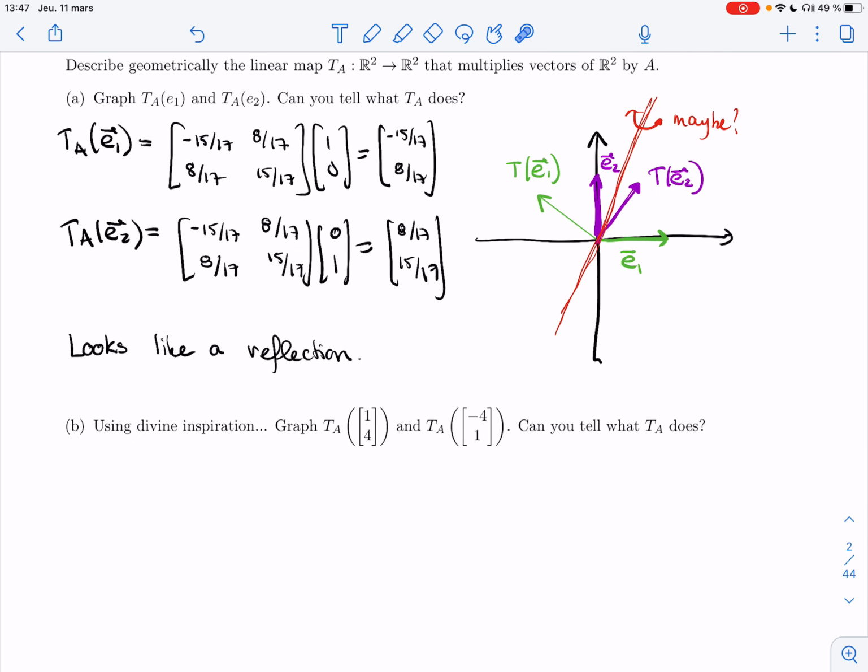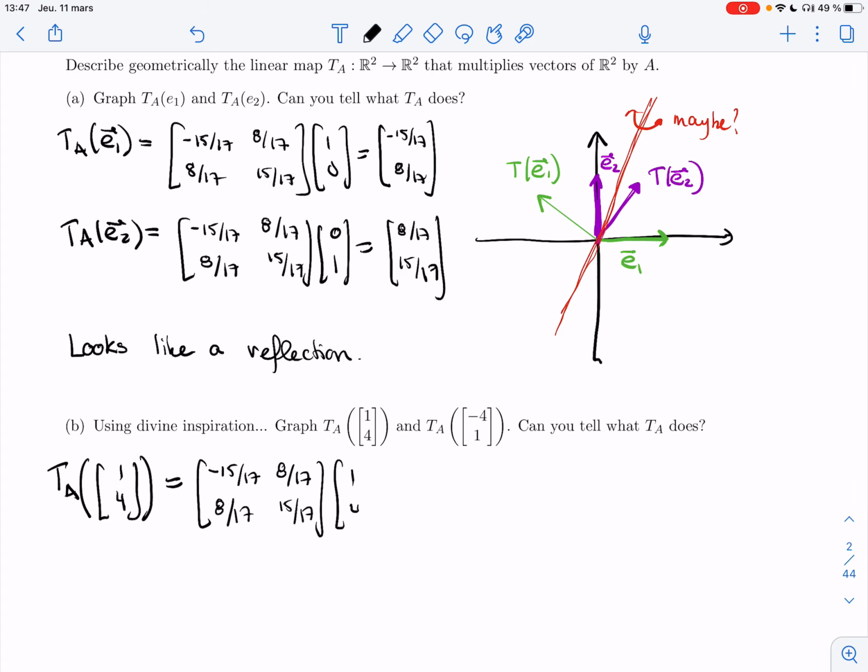Now I'm going to use divine inspiration. I'm going to see what happens to these two seemingly strange vectors. All right, so I'm going to look at T_A of 1, 4. That's minus 15 over 17, 8 over 17, 8 over 17, 15 over 17, times 1, 4.